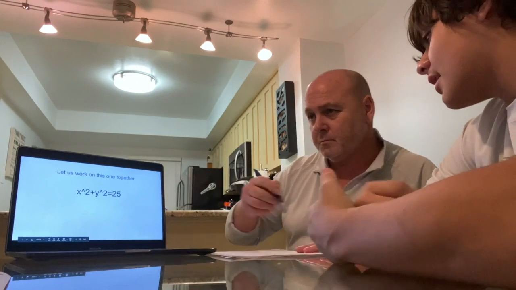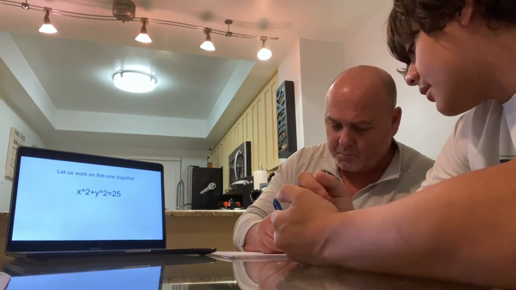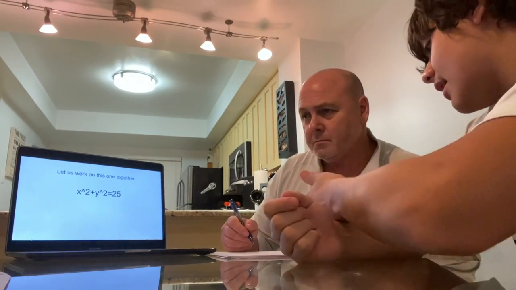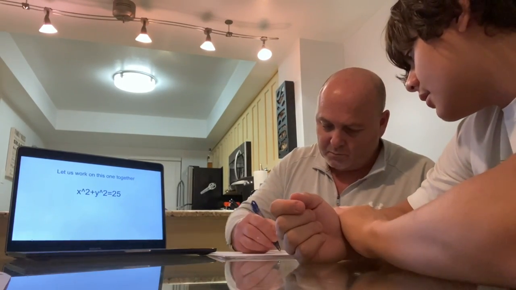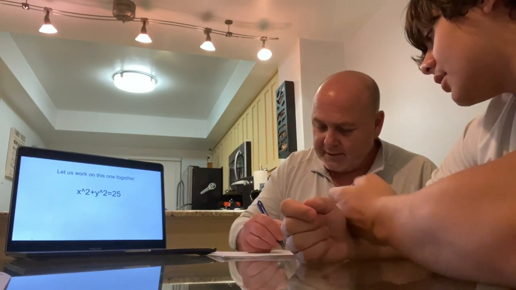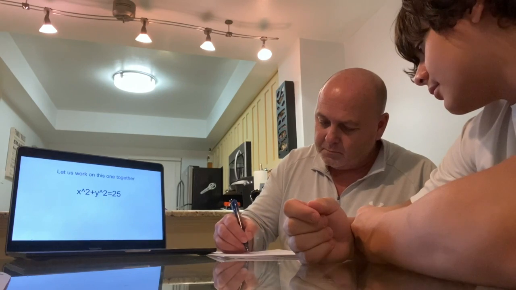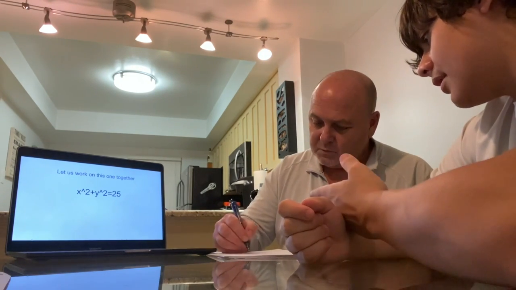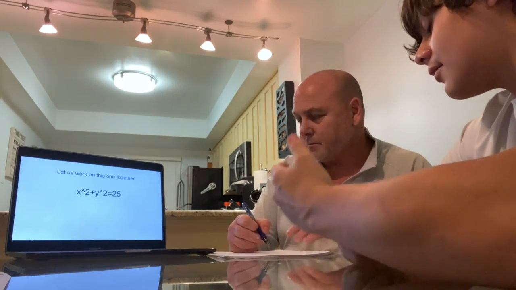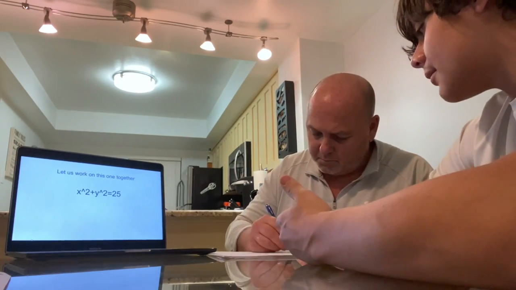Let's work on this one together. We have x squared plus y squared equals 25. So we set x equal to 0 and y equal to 0. This one's pretty straightforward. Your center of the circle would be (0, 0). Now the radius: you find it by taking the square root of that number.